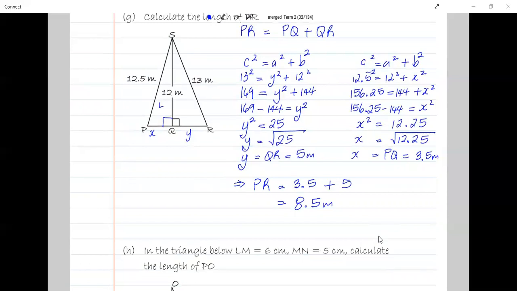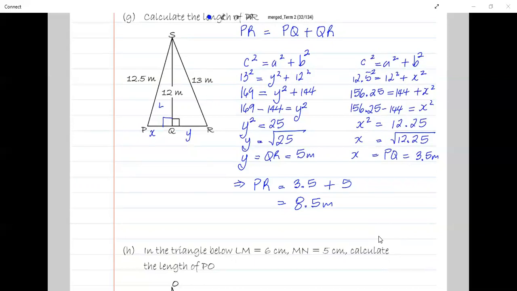So as I said to you earlier, the questions we're doing may require you to apply Pythagoras theorem twice, and then after that, you're either going to have to add or subtract.